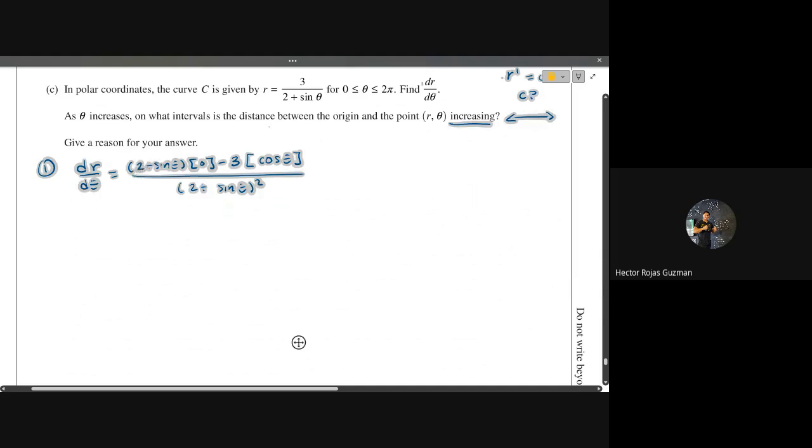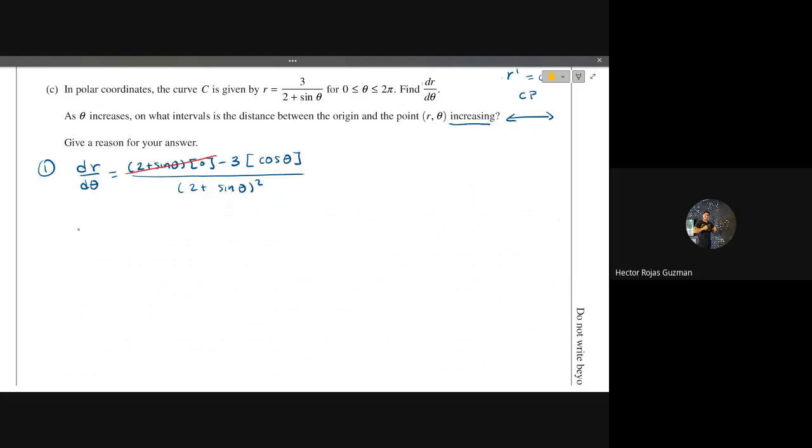Okay. The first part of the quotient rule, that one goes away since we're multiplying by a 0, which means my derivative becomes negative 3 cosine of theta over (2 plus sine of theta) squared. That's your derivative. That gets you 1 point.